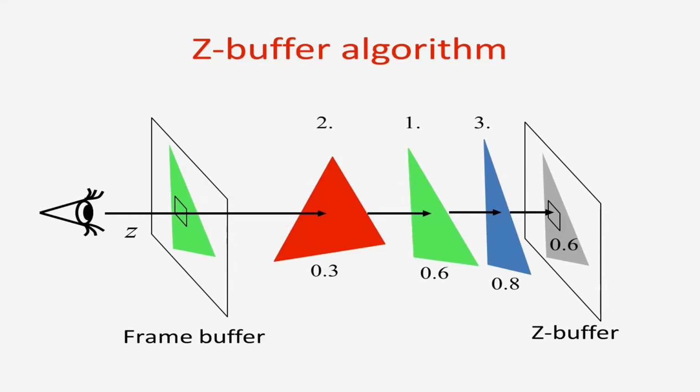If the triangle's z-coordinate is smaller, then the triangle point is closer to the front clipping plane at this pixel than any of the triangles processed so far, so this triangle's color is written into the frame buffer and its z-coordinate to the depth buffer. Thus, the frame buffer and the depth buffer always store the color and depth of the triangles which are visible from the triangles processed so far.